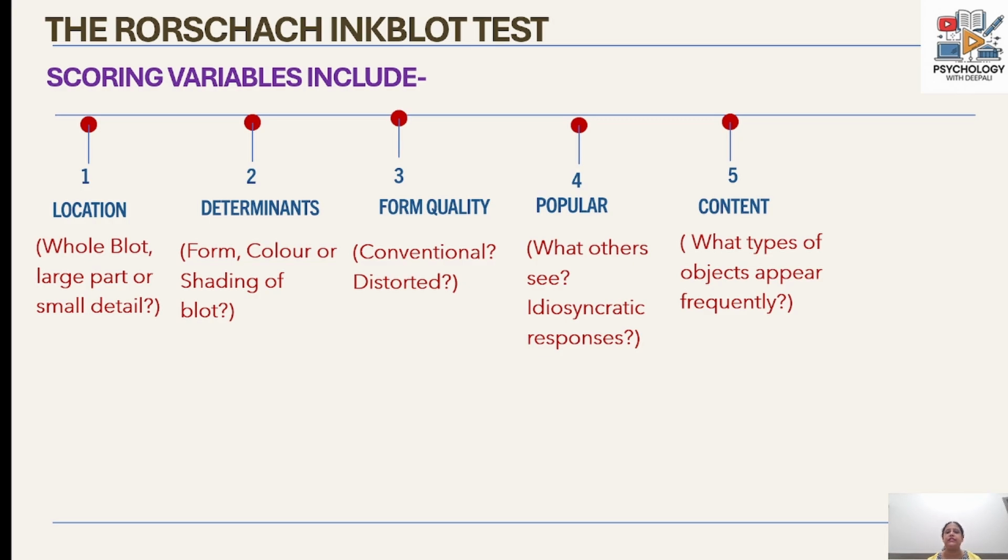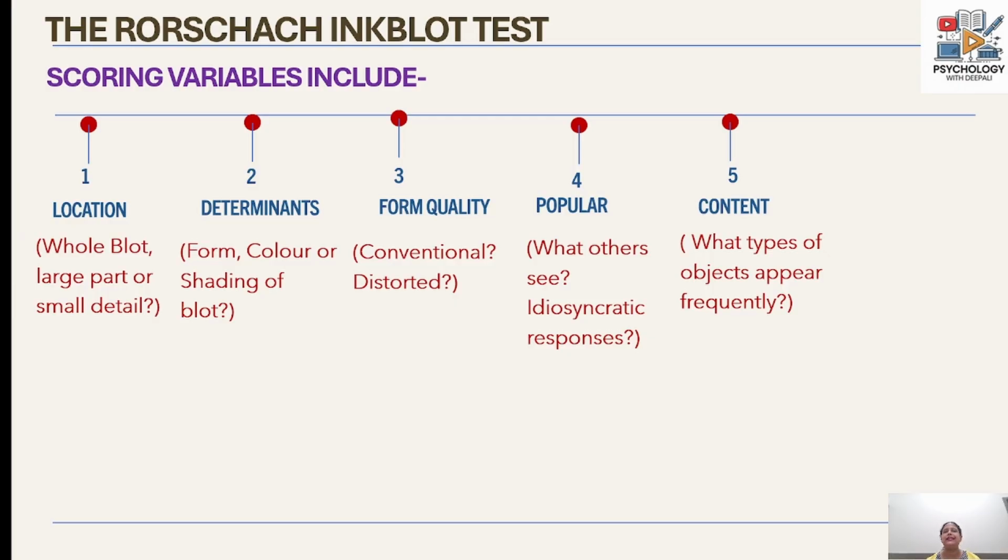Third is form quality. Is it something he's seeing conventionally, or giving something out of the ordinary, which other people may not see, or seeing something which is not meant to be seen in that particular shape or pattern? So is it a distorted response? Fourth is popular responses.